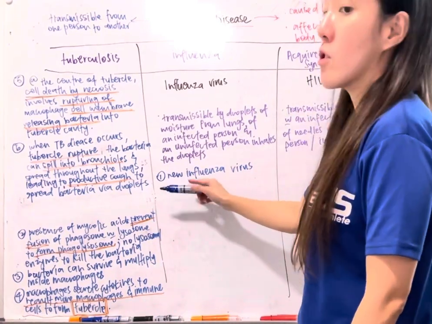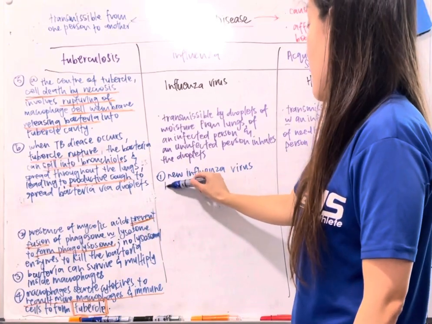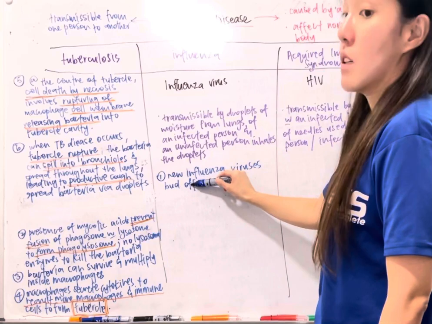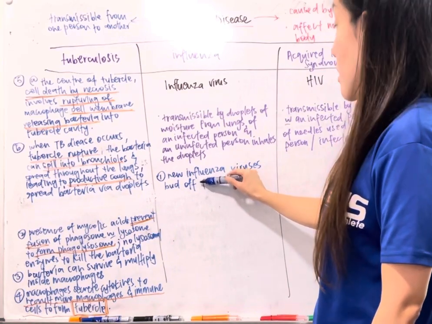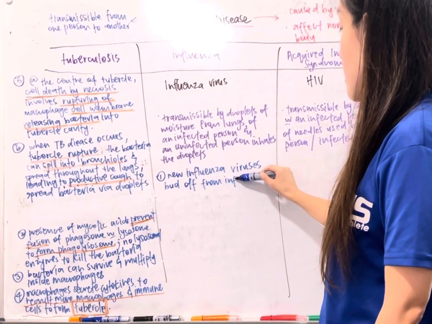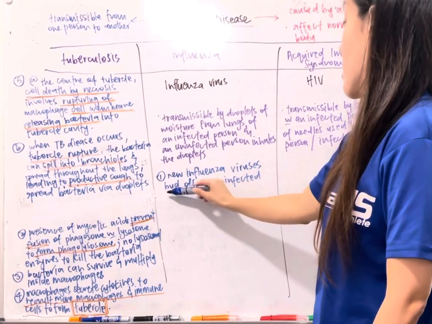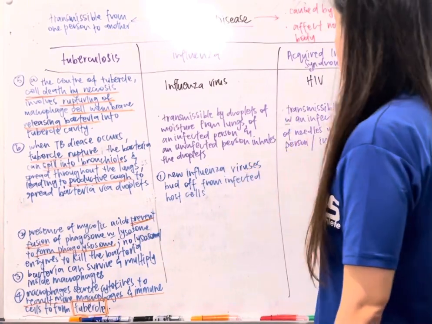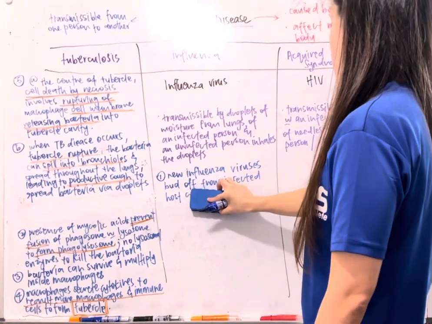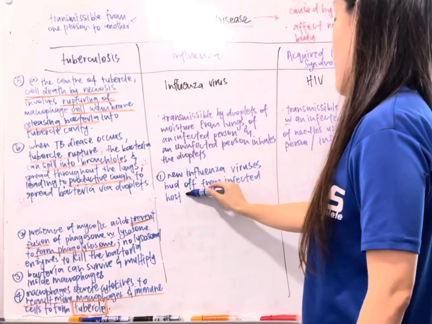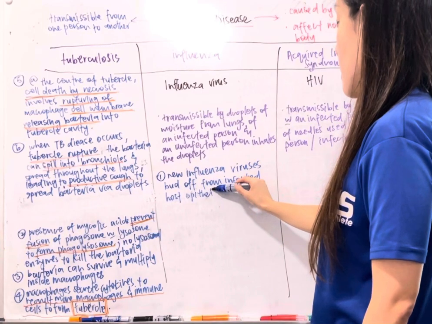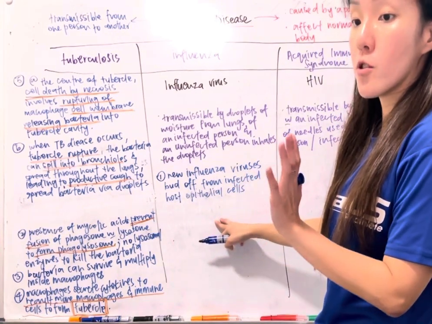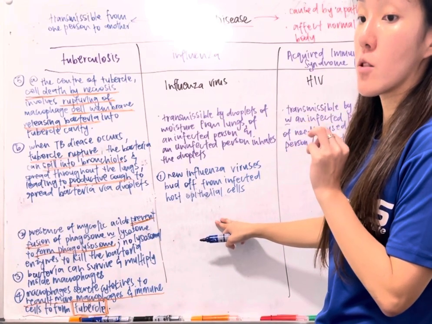So new influenza viruses bud off from the infected host cell. So when they bud off, you should know how the host epithelial cells will eventually die.